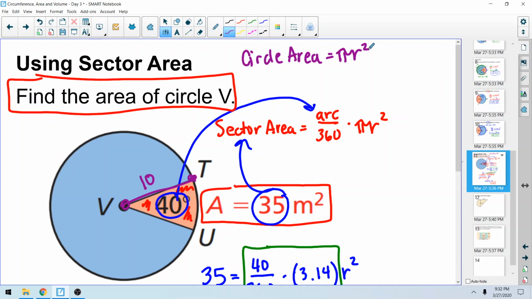That's what we did at the beginning of this lesson. So pi is 3.14, and my radius is 10, and I'm going to square that. In my calculator, 3.14 times 10 squared gets me 314 meters squared, which is the area of the whole circle, and that is your final answer to this problem.